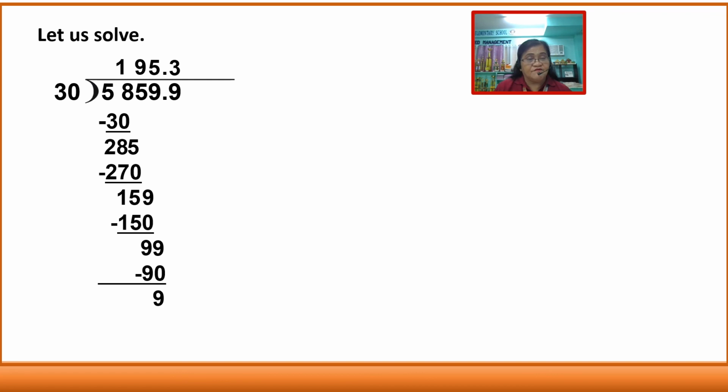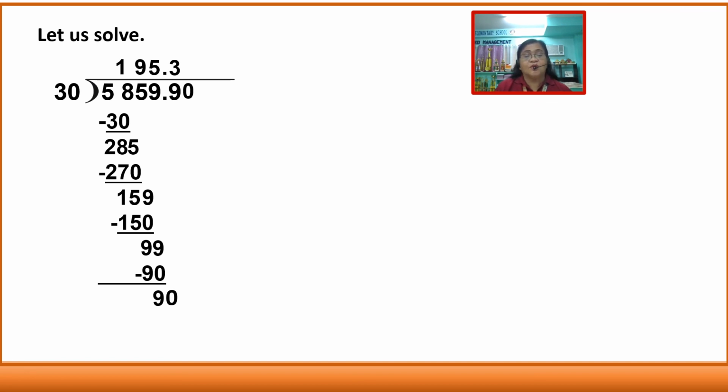9 is very much lower, right? So we have to add a number. But, as you can see, we do not have any number after 9. As I said again, we can add 0 to continue the process.